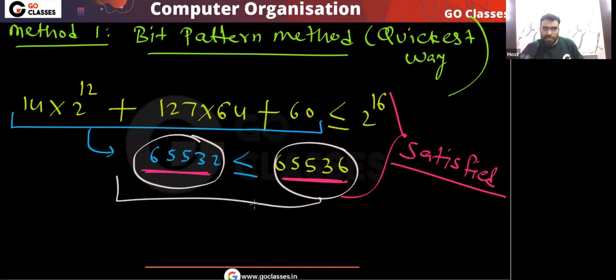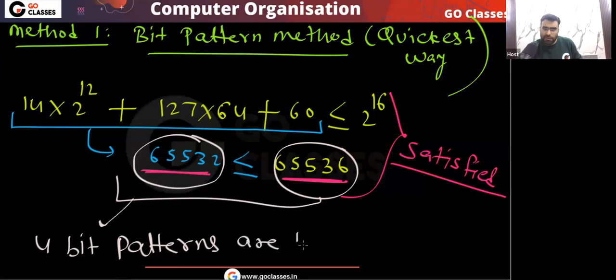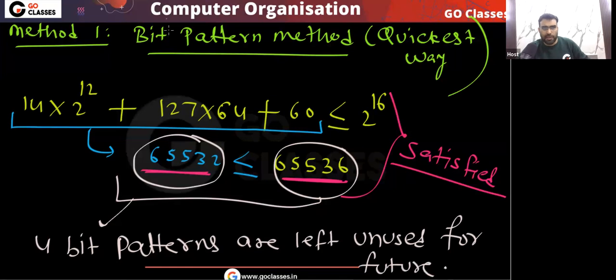So how many bit patterns will be left for future? You can see 4 bit patterns are left unused, and can be used in the future. In the future, if you want to use these patterns, you can do that.